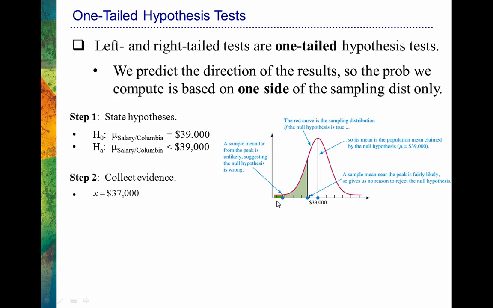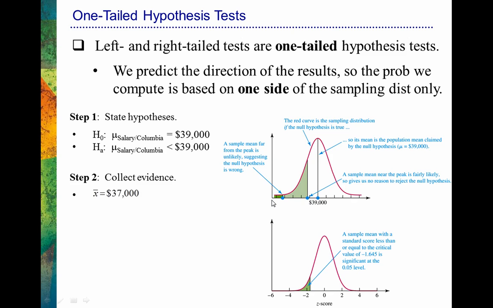How far out does this mean need to be for us to say it's very unlikely to occur just by chance? So we need to figure out where this critical region is, this highlighted part in green here that we call a critical region or a rejection zone. Well, what we're going to do is figure out a way to use our z-table to find where those critical rejection zones are.